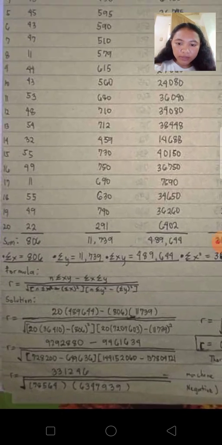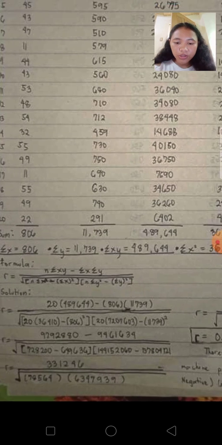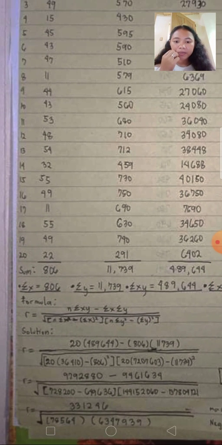So ang formula in finding the Pearson correlation coefficient is R is equal to number of population times summation of xy minus summation of x times summation of y over the square root of n summation of x squared minus summation of x to the power of 2 times the total population times summation of y squared minus summation of y to the power of 2.